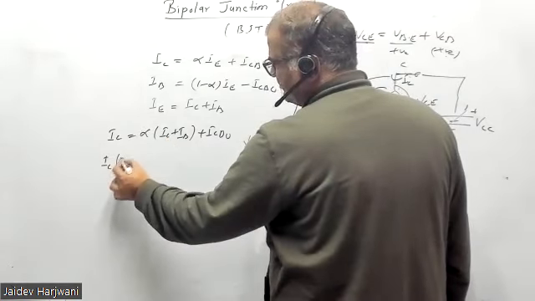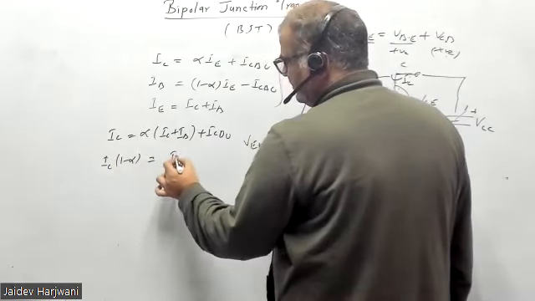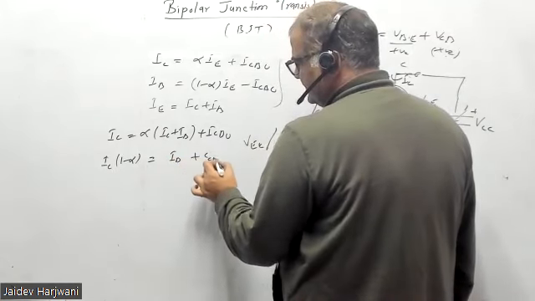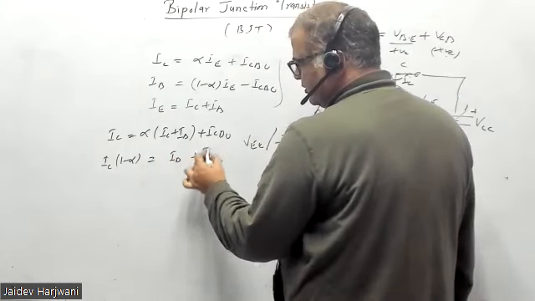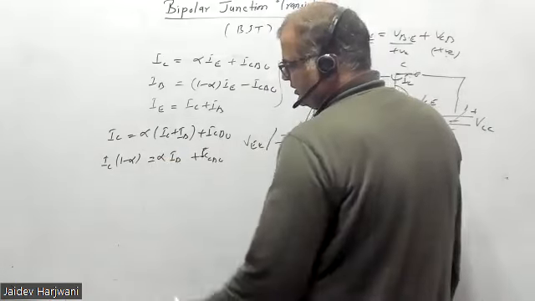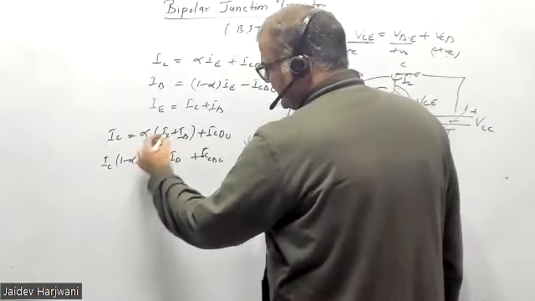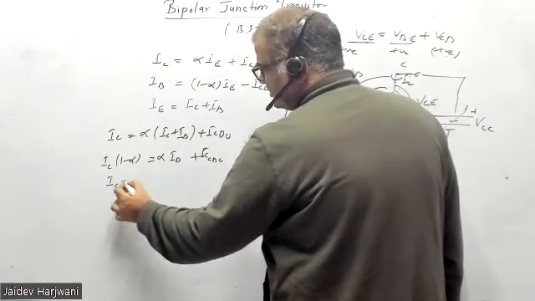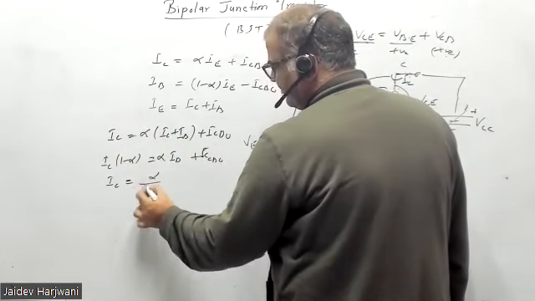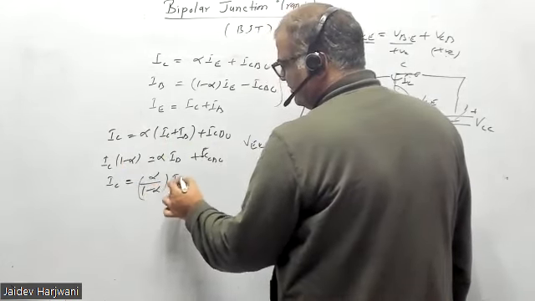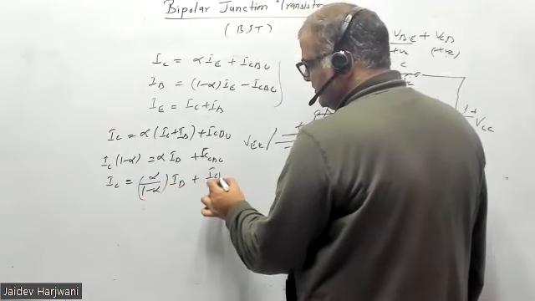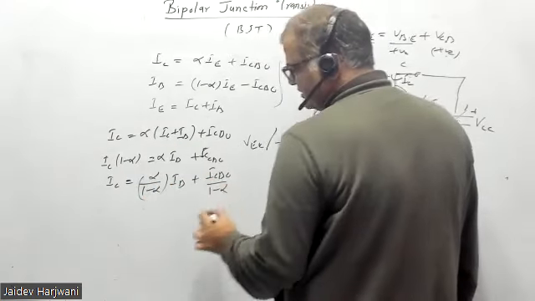Minus alpha IC is 1 minus alpha IB plus ICBO, and I'm sending this alpha IC here. So I get IC equals alpha upon 1 minus alpha IB plus ICBO upon 1 minus alpha.